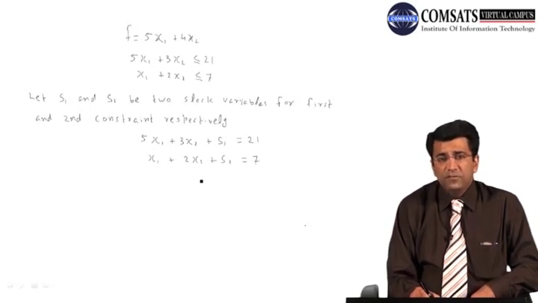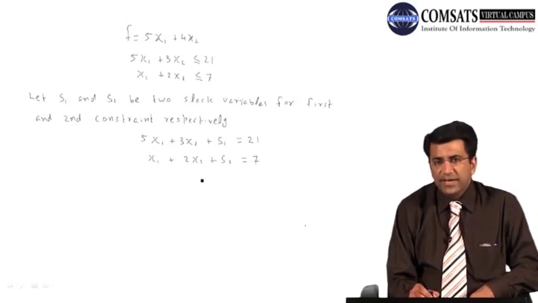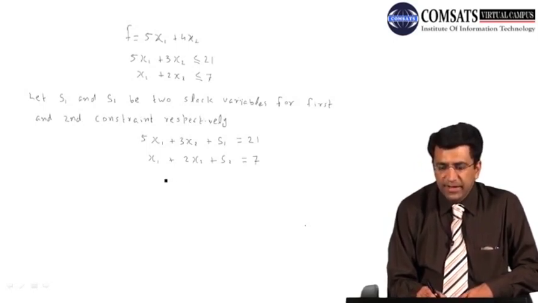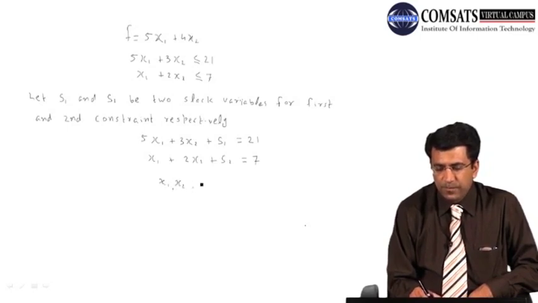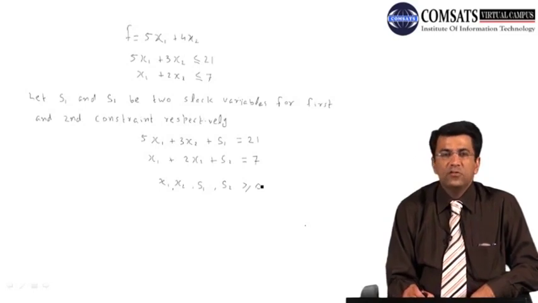Now class, we have just introduced s1 and s2 as the slack variables for the first and second constraints, and therefore we have converted those inequalities into equalities. Now our variables are x1, x2, s1, s2, and all of these variables are greater than or equal to 0, again the non-negativity constraints.